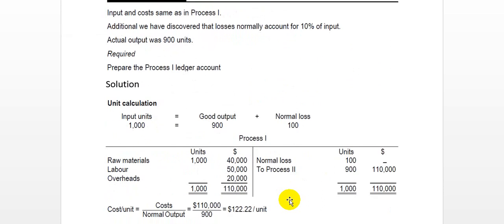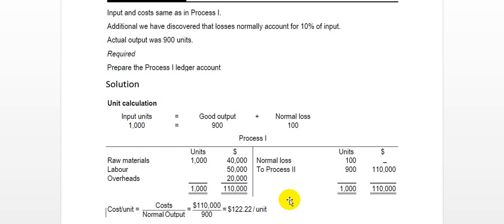So what would be the cost per unit? The formula is cost per unit equals costs over normal output.